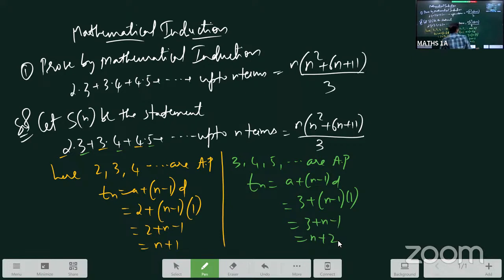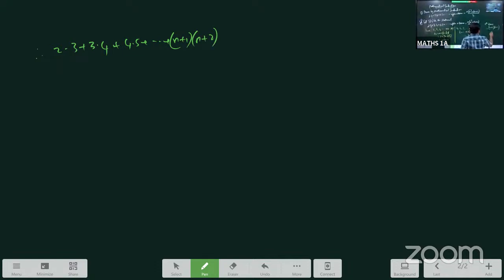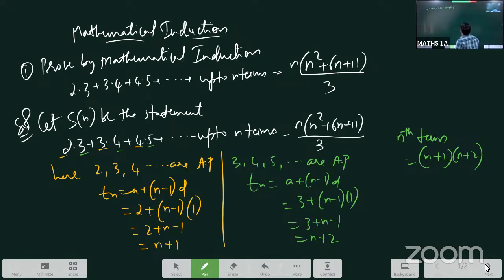So therefore your nth term, I am writing the nth term here: n plus 1 into n plus 2. We will write the statement. Therefore 2 into 3 plus 3 into 4 plus 4 into 5 plus so on plus n plus 1 into n plus 2. Now your nth term is n plus 1 into n plus 2.